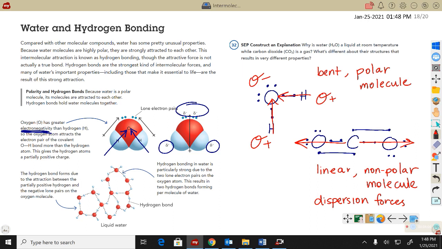Well, then I could get a partial charge, but it would be very temporary and short-lived. But with the water molecule, I'm always going to have the partial positive and partial negative charges. And in fact, it's a pretty intense positive and negative charge because oxygen has a really high electronegativity and hydrogen only has 1 electron. So here we'd have the hydrogen bonds.